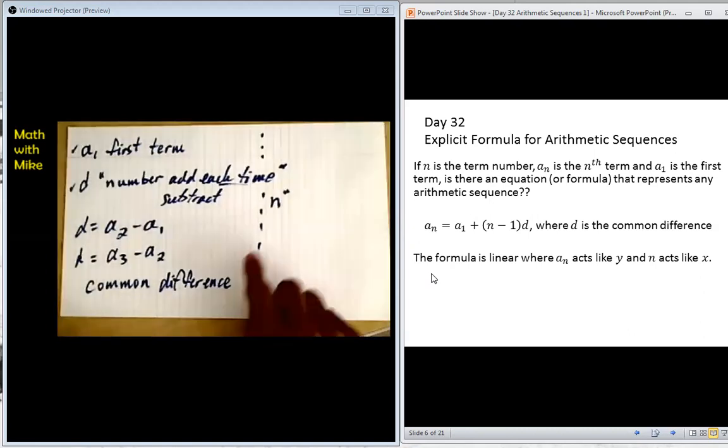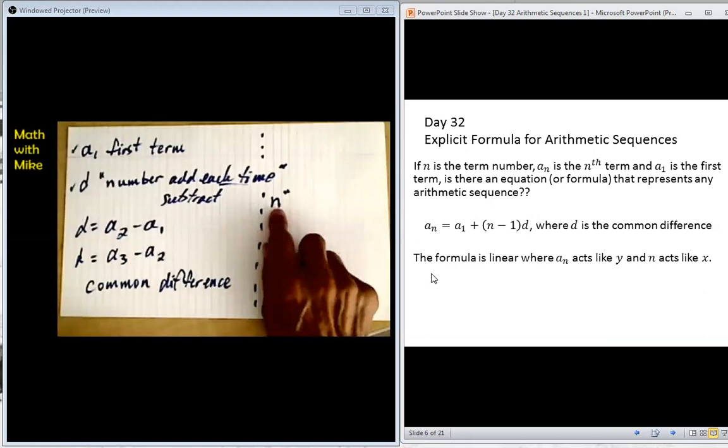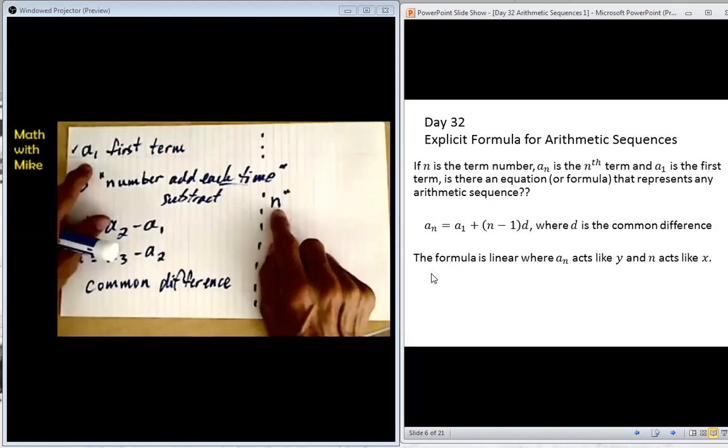If N was 1, what does that mean? What does A1 mean? The first term. First term, right there, right? What would A2 mean? Second term. Second, right.